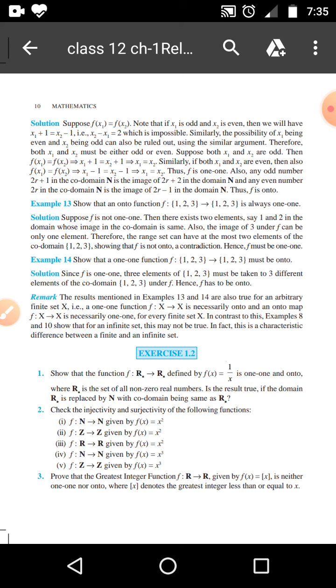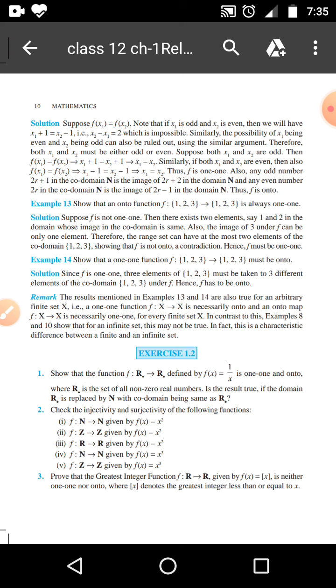But if we consider the given function f(x) is equal to x cube from N to N, so this is one-one but not onto. Why? One-one, simply you can see for each x1, x2 belongs to N, f(x1) is equal to f(x2), and this implies x1 is equal to x2.